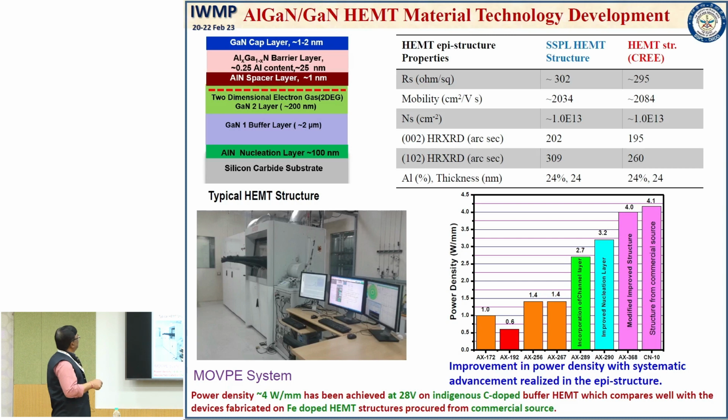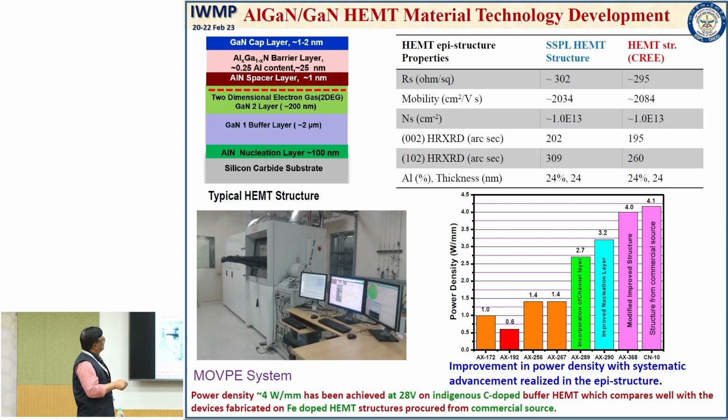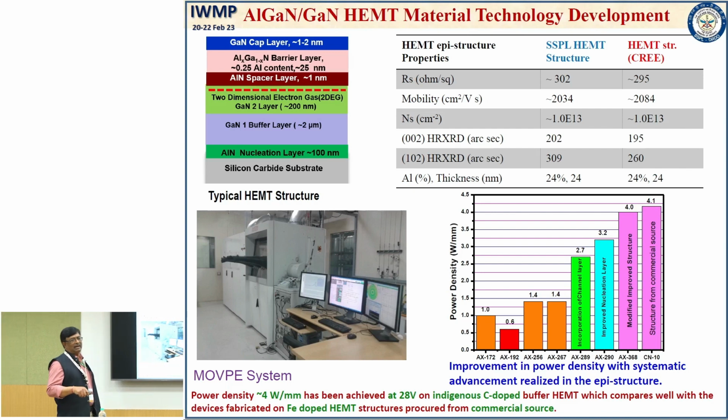So, this is the material structure we are using at our place, and if you compare this with the conventional commercially available HEMT structure, we are almost matching with that. This is our MOCVD system from Aixtron. Presently our buffer layers are carbon doped, whereas these buffer layers are iron doped.